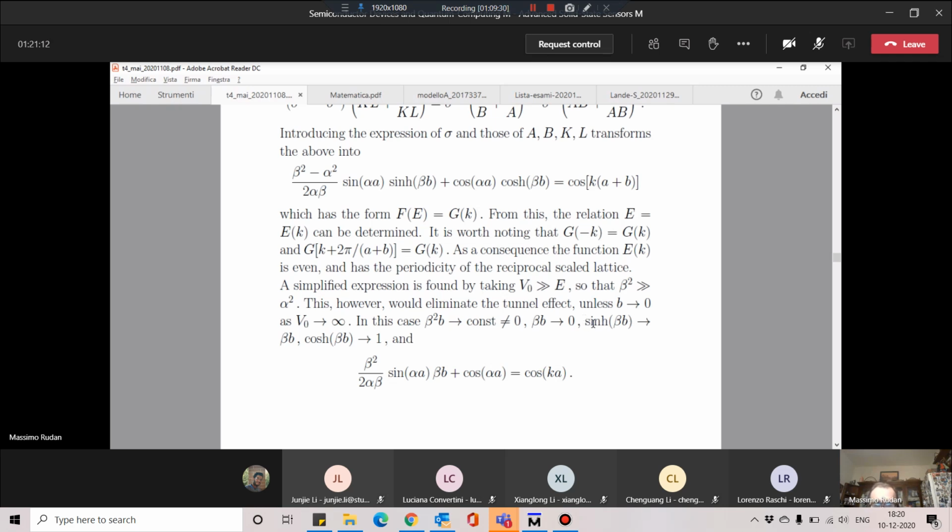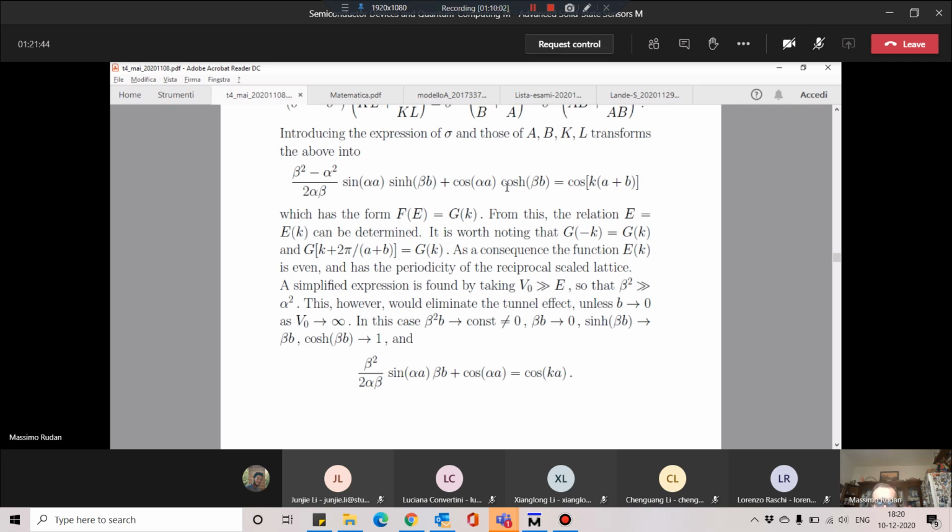So hyperbolic sine of beta B tends in the limit to beta B. So this is why in this expression here you see beta B. At the same time, in the second summand, you have hyperbolic cosine of beta B. And when beta B becomes small, the hyperbolic cosine tends to 1, apart from second order terms.